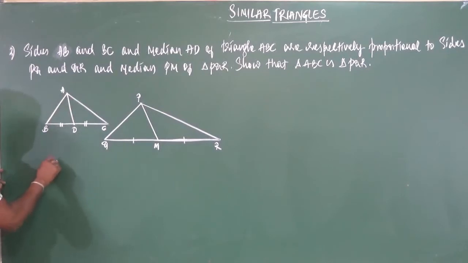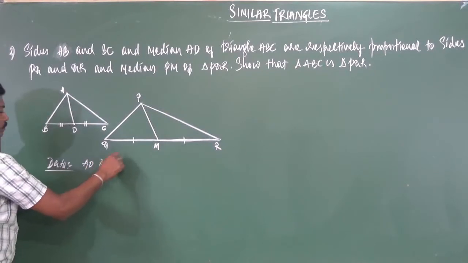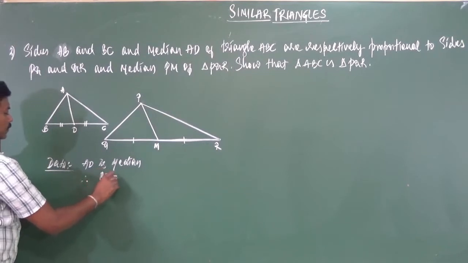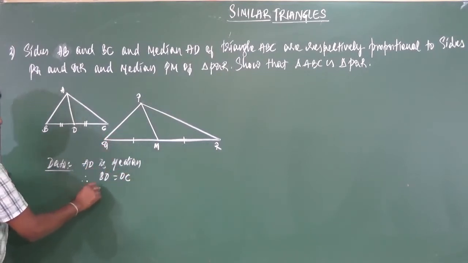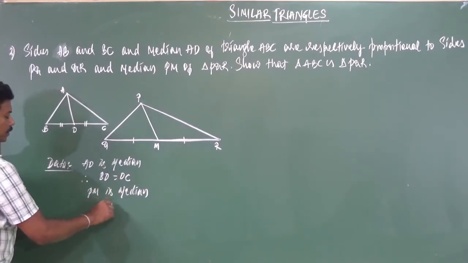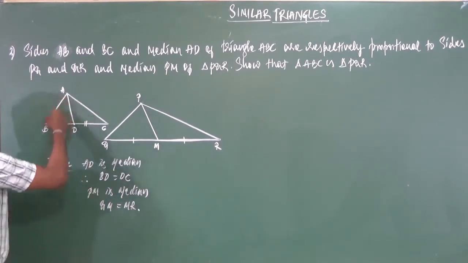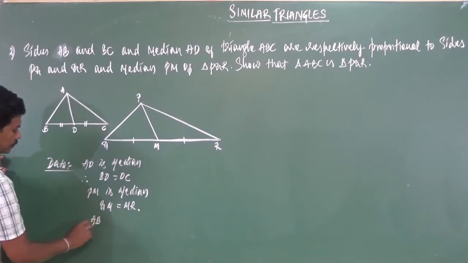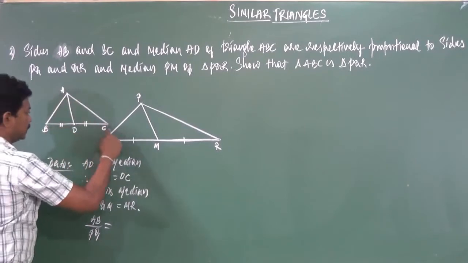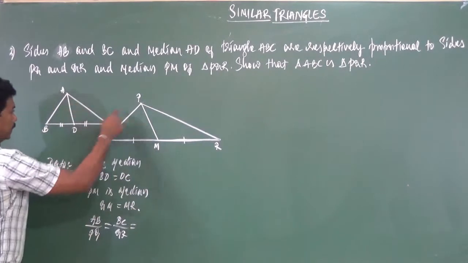So let us get into the data. AD is median. So therefore BD is equal to DC. PM is median. So therefore QM is equal to MR. Then AB by PQ is equal to BC by QR is equal to AD by PM.